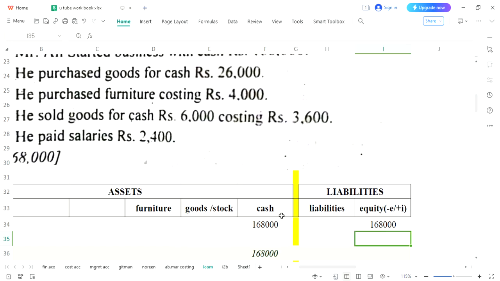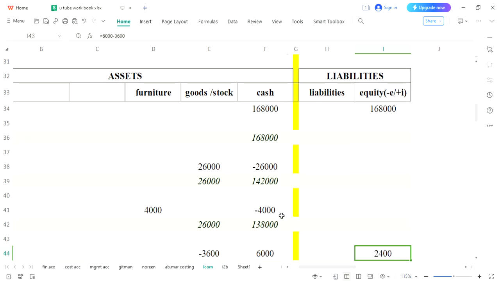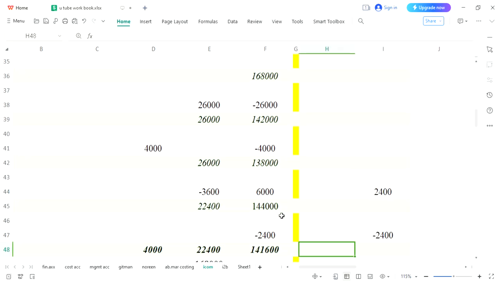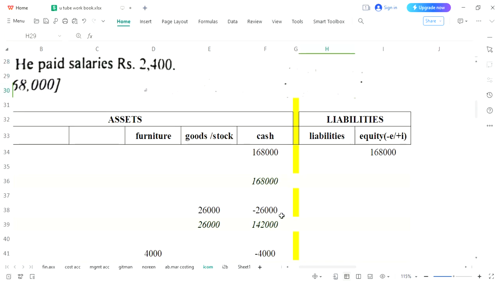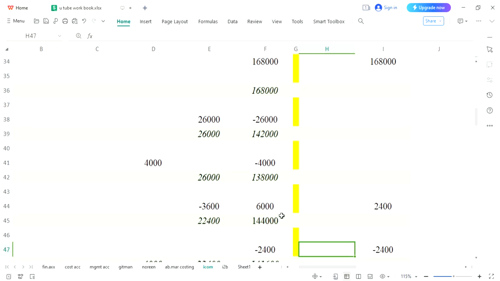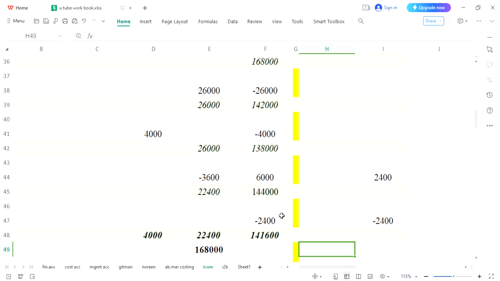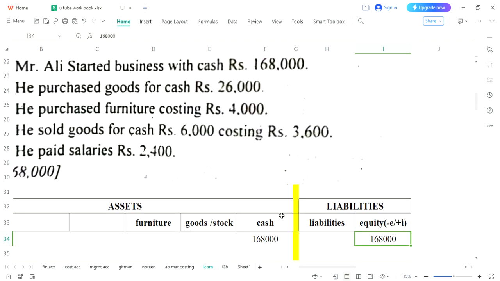We will be now calculating our liability side. Now you can see that in other liabilities, nothing is present. I am going to show you there is nothing present over here. So its total is 0. Over here you will write 0. And now you will start summing up these amounts.